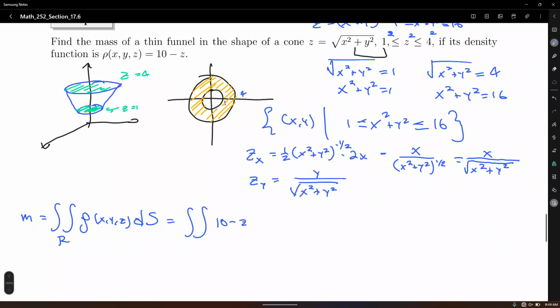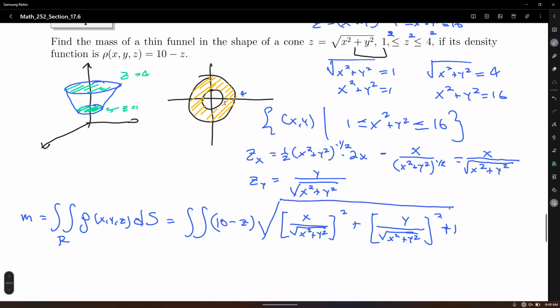That's 10 minus z times the square root of the squares of the partial derivatives. That is x over the square root of x squared plus y squared plus y over the square root of x squared plus y squared plus 1, and for now, let me keep dA.